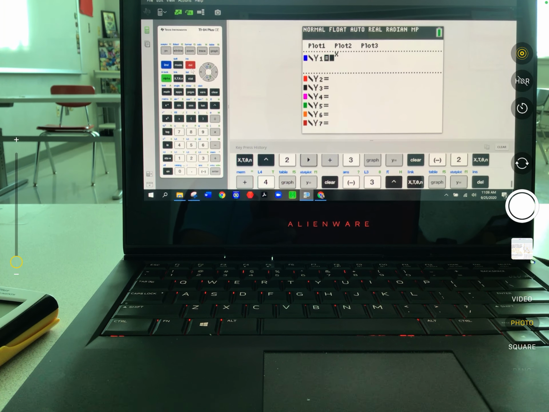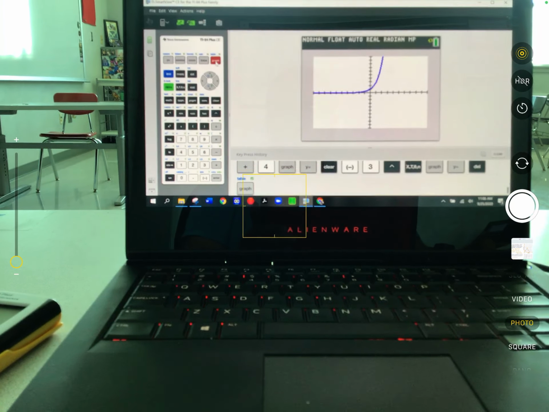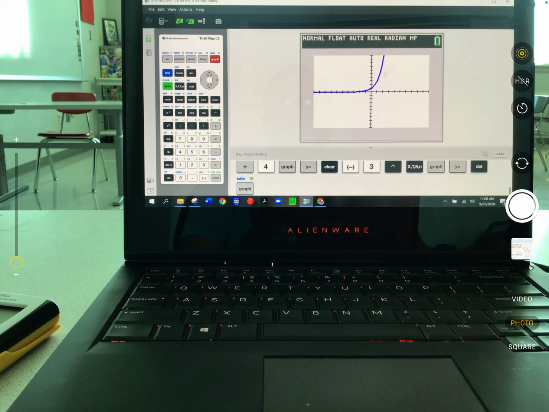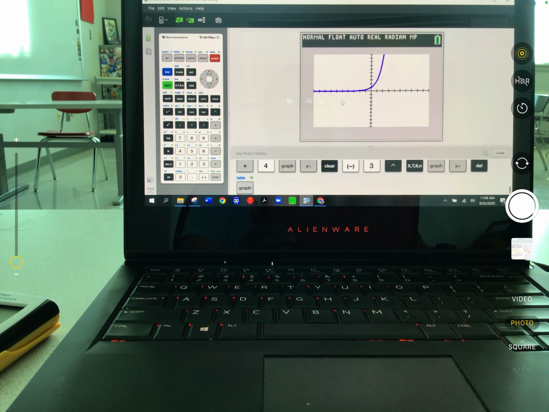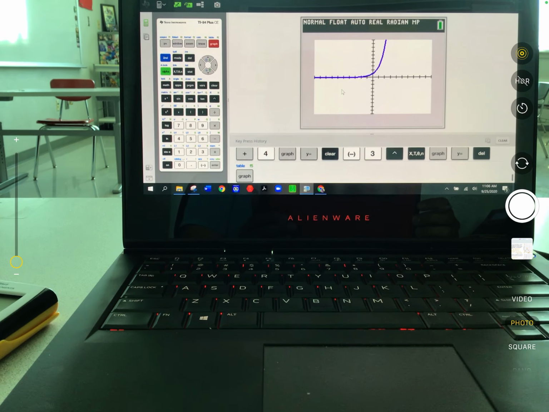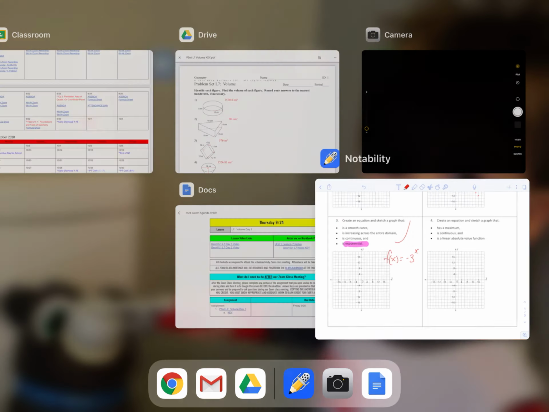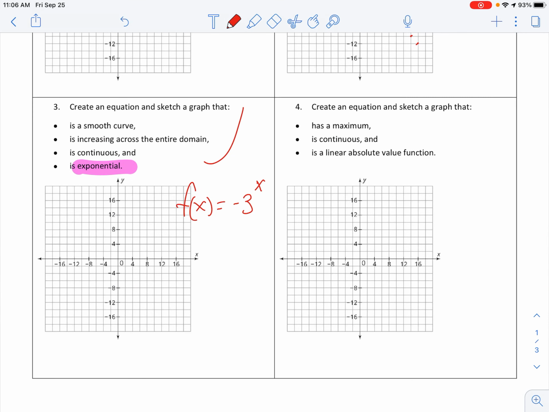Maybe I take off the negative. What does that do? There we go. There is an increasing exponential curve. So I change it to y equals positive 3 to the x. So then it's continuous, and I'm just looking for a sketch of it, you guys. It's a nice smooth curve across the entire domain. It's increasing, all check, check, check.